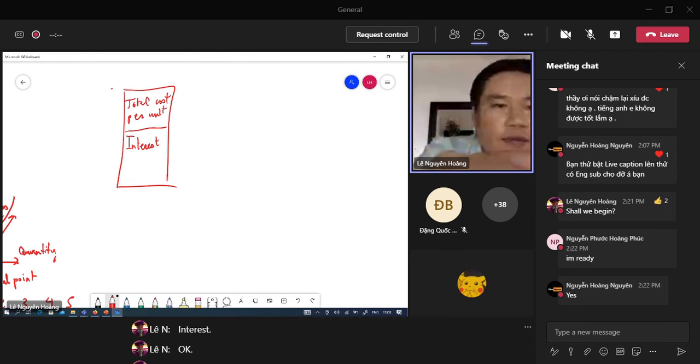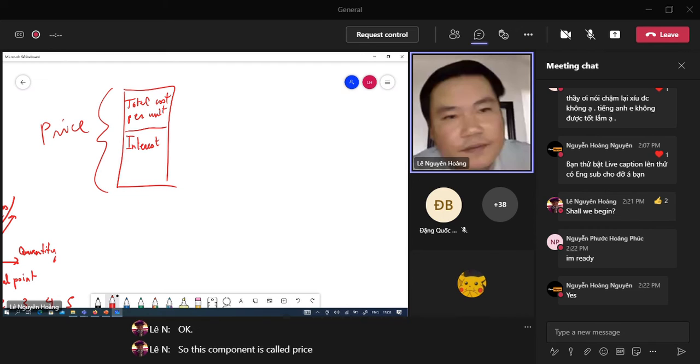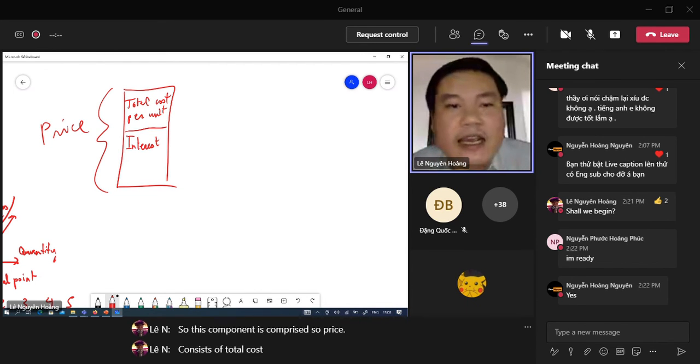So this component is called price. Price consists of total cost per unit and the interest that a firm would like to achieve.